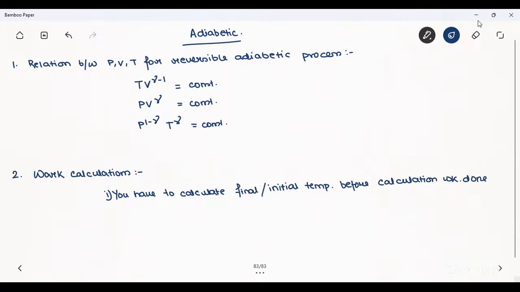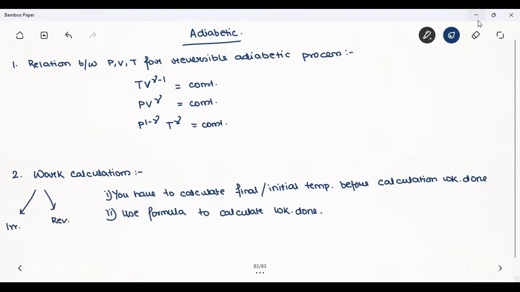Secondly, use formula to calculate work done. Okay. So for adiabatic process also, you have two things, irreversible and reversible.